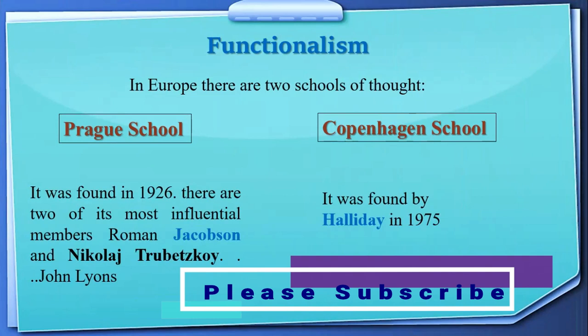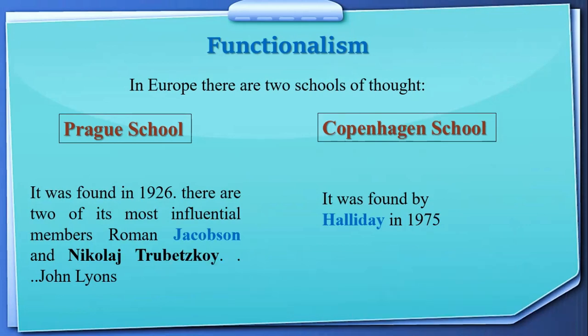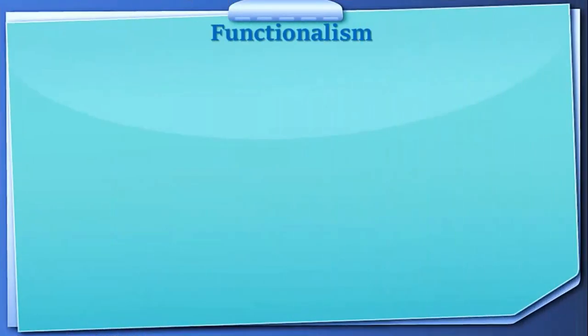So these are two different schools of thought in functionalism. They both talk about functionalism, but to some extent differently. These two schools have come across different functions of language.